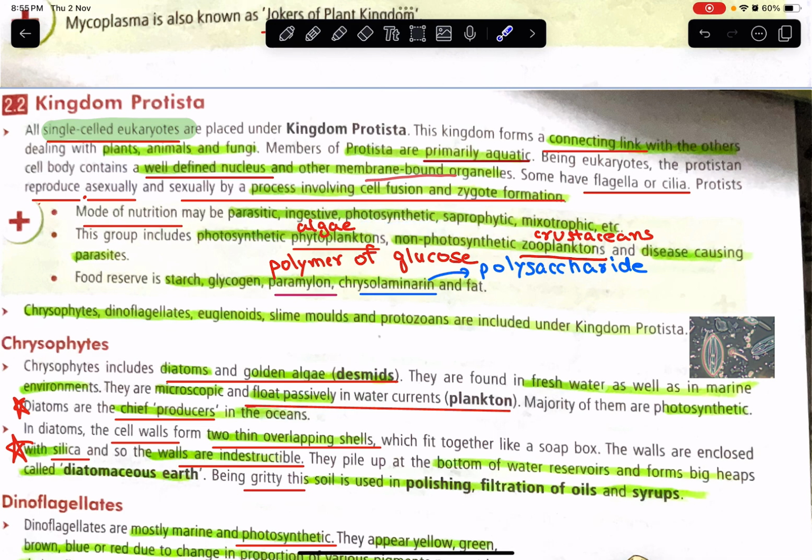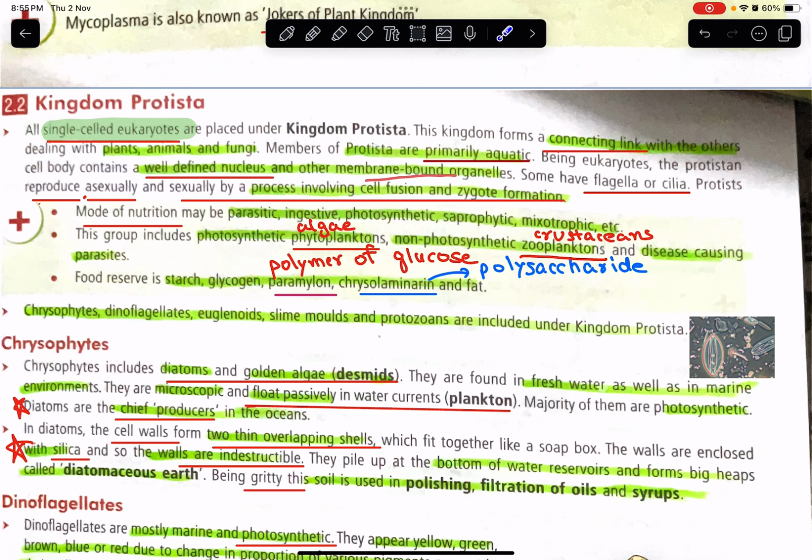Photosynthetic like euglena, which has chloroplast. Saprophytic, which lives on dead and decaying matter. Then mixotrophic, again euglena is mixotrophic, which means both heterotrophic as well as photosynthetic.